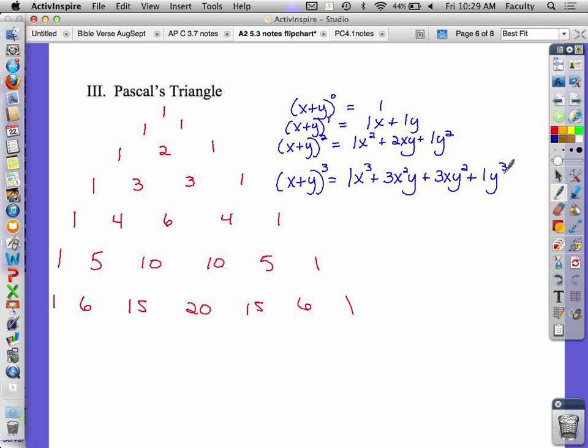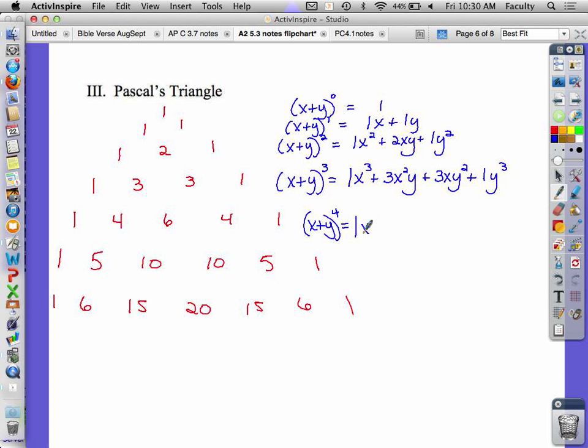Instead of doing x plus y times x plus y times x plus y and doing all that work to group the first two, then do the trinomial times the binomial, and then collect all your like terms, it actually is equal to this. Now let's go one more. I feel like a cheater when kids are having to multiply it all the way out. I'm like, I don't multiply all that out. I use my Pascal's triangle.